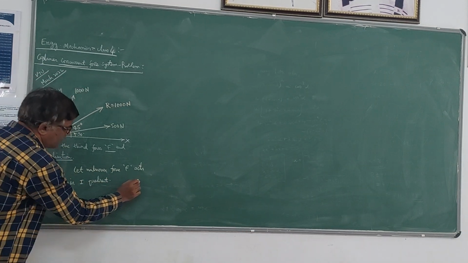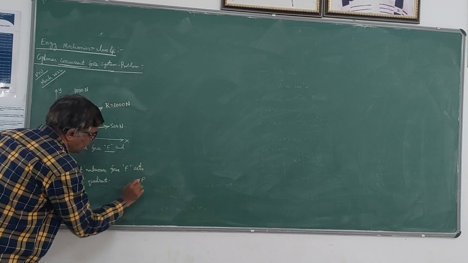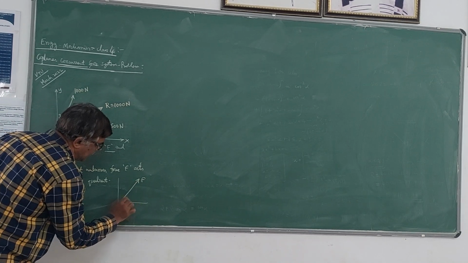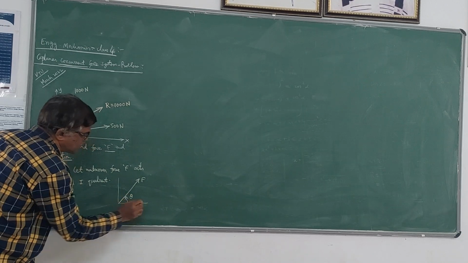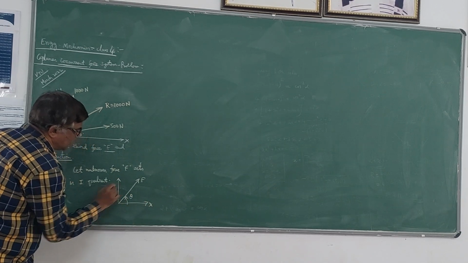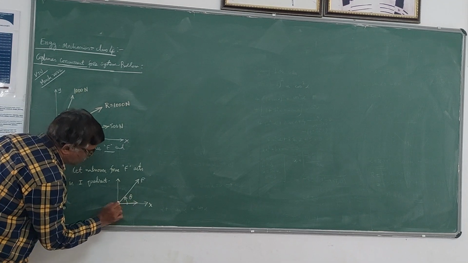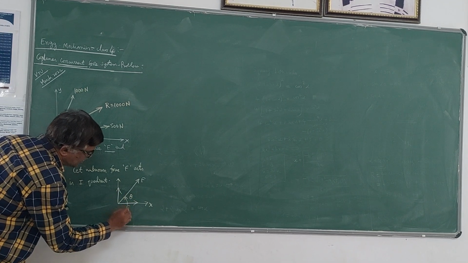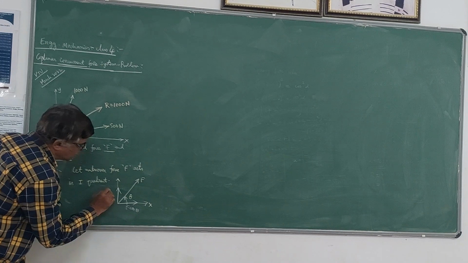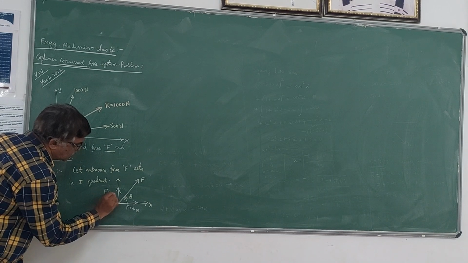Let me take the angle made by that F with respect to x-axis as theta, so that the components of this F both are positive. So this is F cos theta, this is F sin theta. So this is the third force.